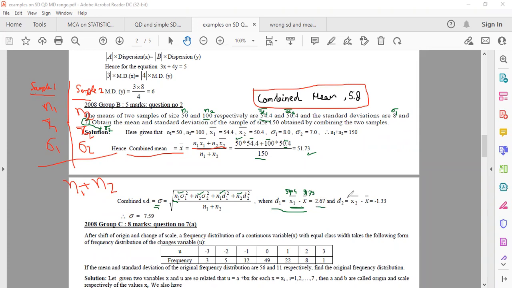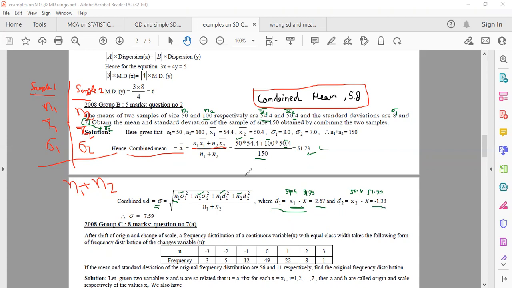And for d2, the x2 bar value is 50.54, and x bar is 51.73. So we get minus 1.33.